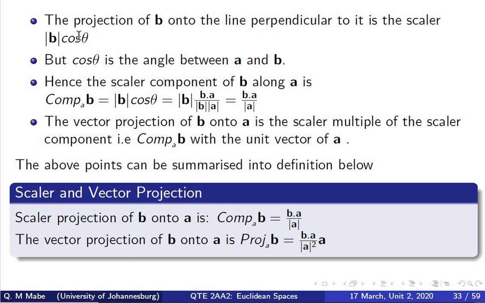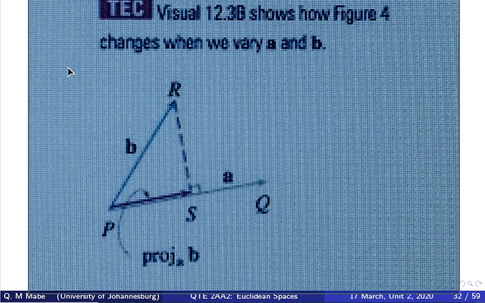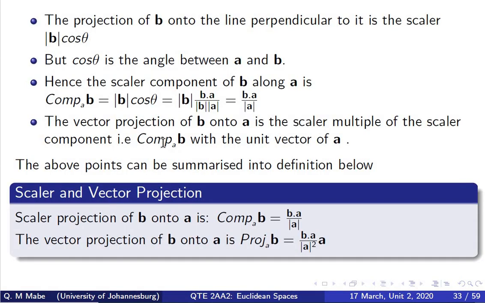But in this case we simplified further. So we get that the cos theta is the component of A along B over B, right? Which means over the magnitude of B, which means the component of A along B is B cos theta.